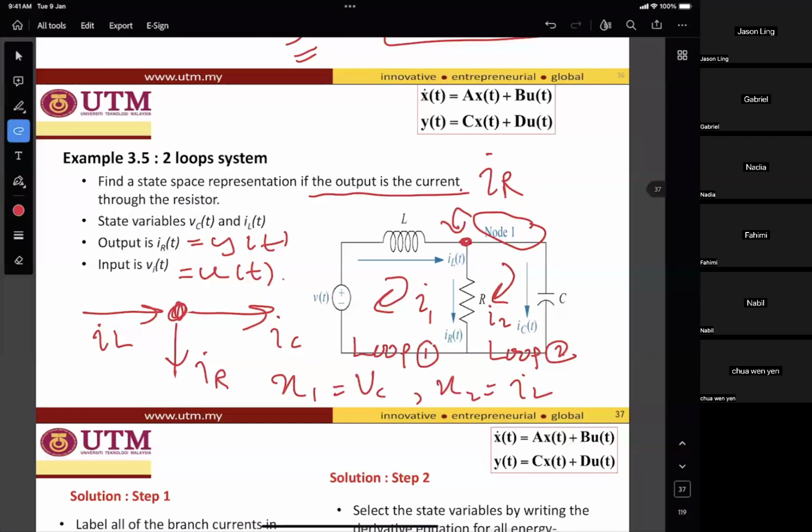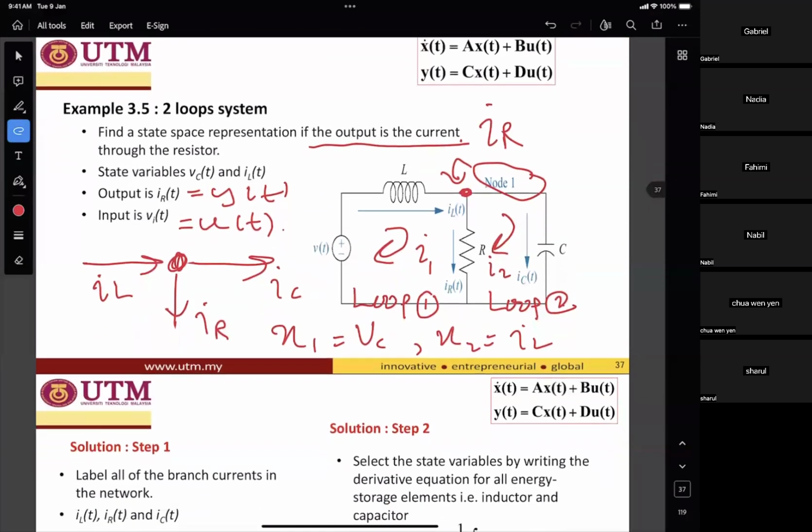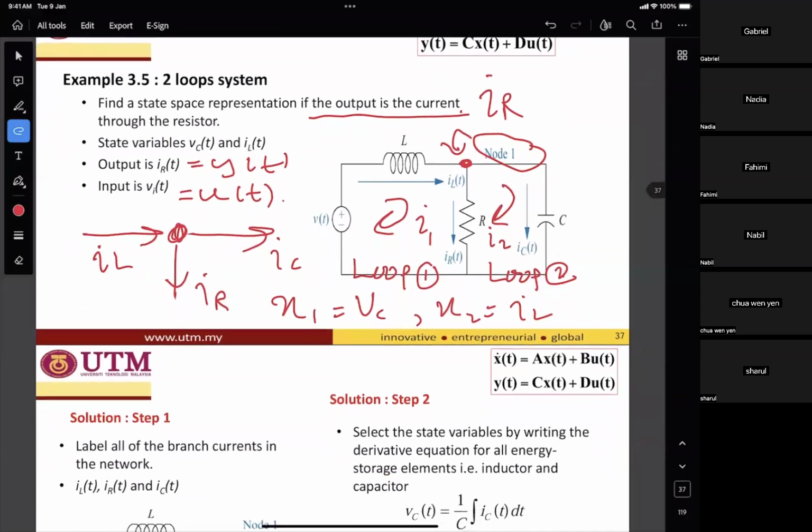I'm not sure. Nadia, same question goes to you. What is the derivative state vector if the state variable is x1 equal to VC, x2 equal to IL?